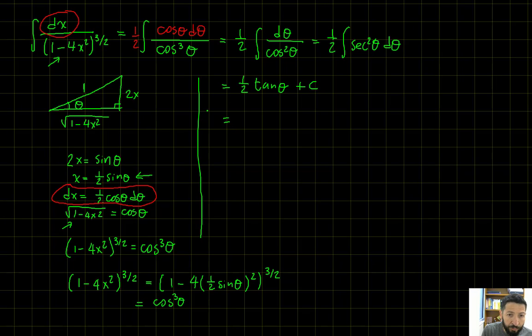Well, it's going to be 2x over, so opposite over adjacent. That's the tangent of the angle. So 2x over the root of 1 minus 4x squared plus c. And now just note that the 1/2 and the 2 cancel, and you get x over square root of 1 minus 4x squared plus c. And that's that.